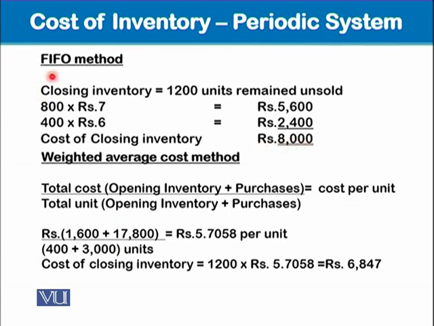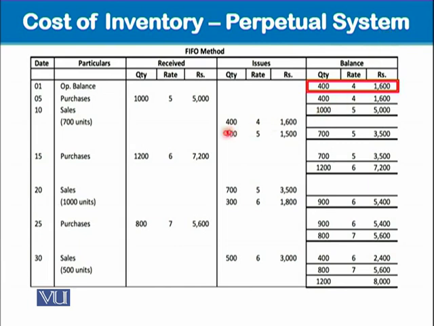The FIFO method was giving us closing inventory cost of rupees 8,000, whereas the weighted average cost method was giving us 6,847. When we use the perpetual system, it asks us to record each transaction just as if we are maintaining our ledger account.